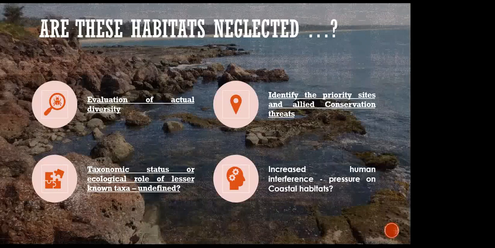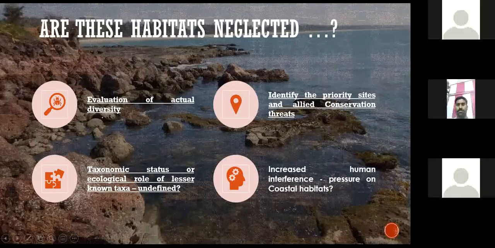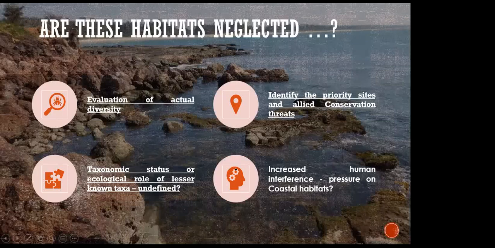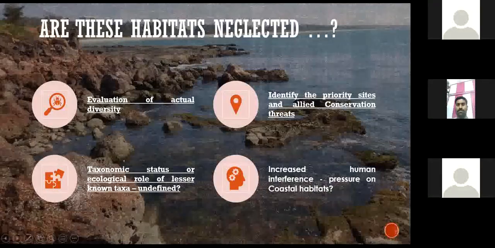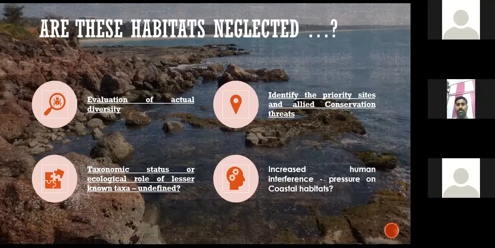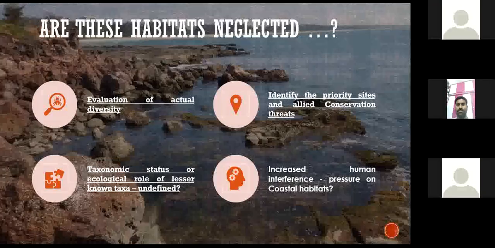Let's see some other facets of the story. There is still no complete evaluation of the diversity of these intertidal habitats. There are certain taxa for which information is absolutely unknown. Obviously, if we do not have the exact idea of the diversity or of the taxa inhabiting these areas, we can't see how diverse these areas really are and how important they are in an ecological space for a particular region.